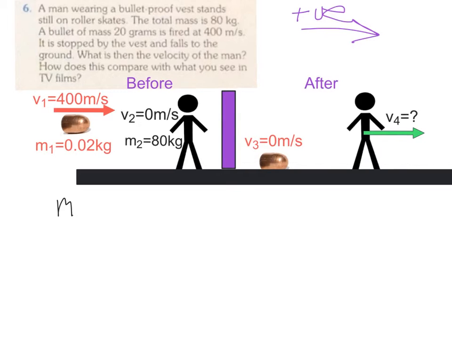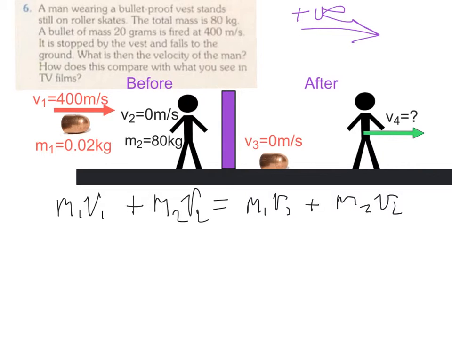So we've got m1 v1 added to m2 v2, and that's going to be equal to m1 is now travelling at speed v3, and we're adding that to m2, the guy, now travelling at speed v4. So these just need some numbers put in.